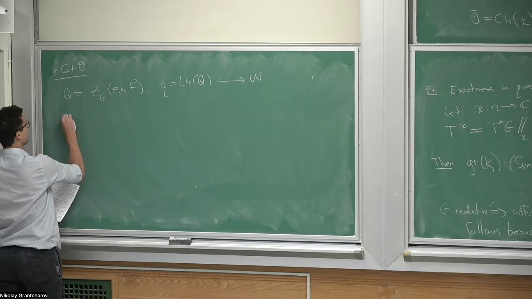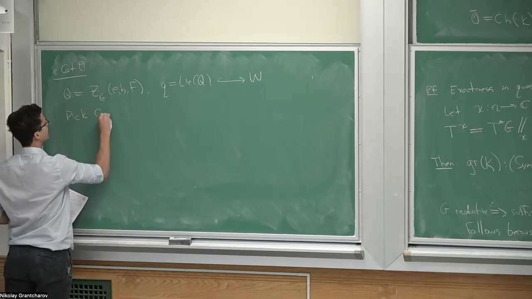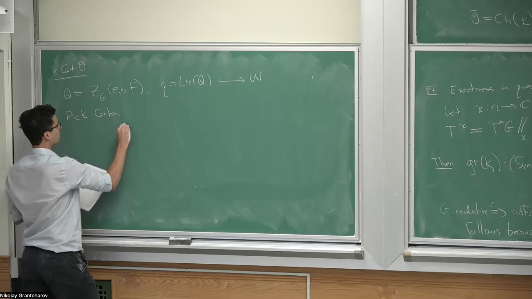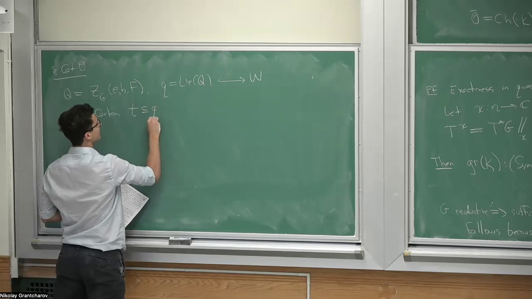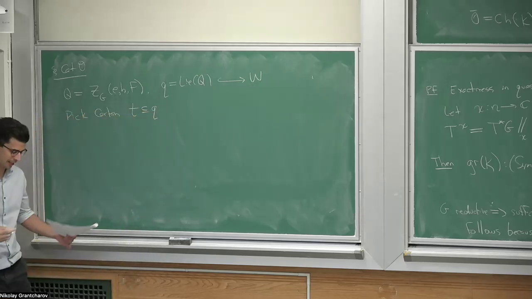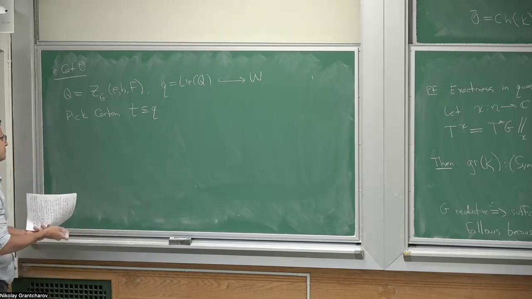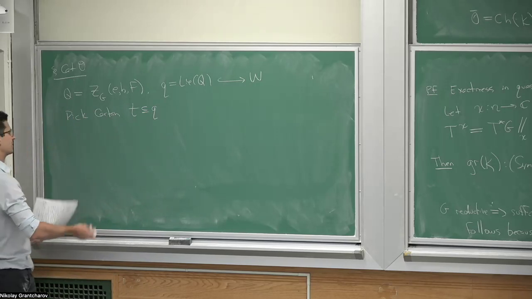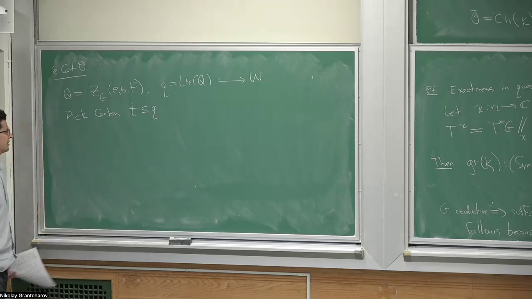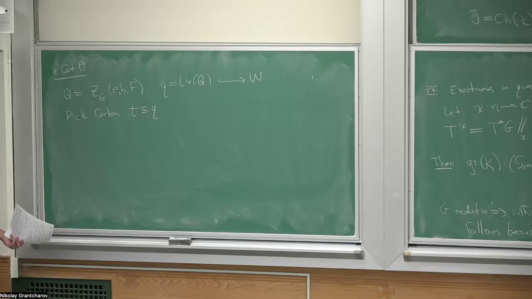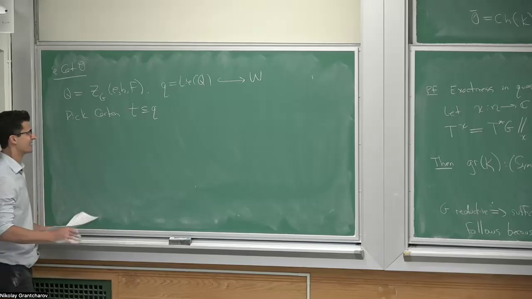Okay, and then you pick a torus inside this Lie algebra. By the way, this Lie algebra is usually disconnected, with some discrete Z mod 2 factors, but I don't know what it looks like in general, and it's not very easy to describe.